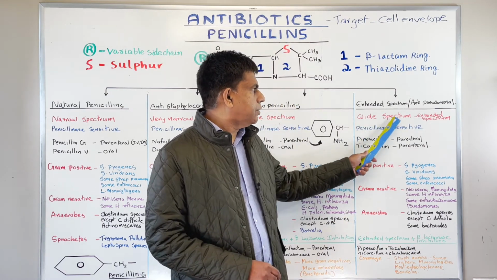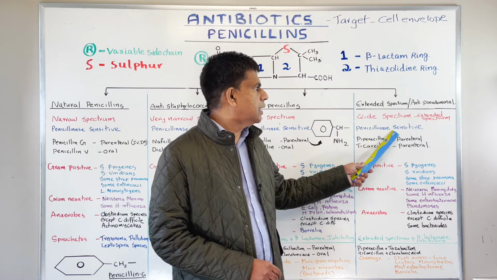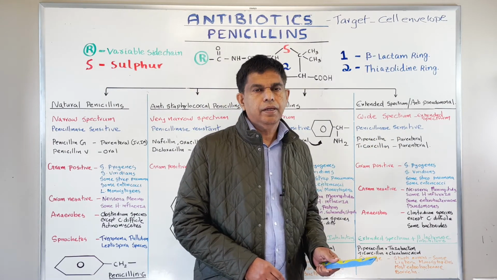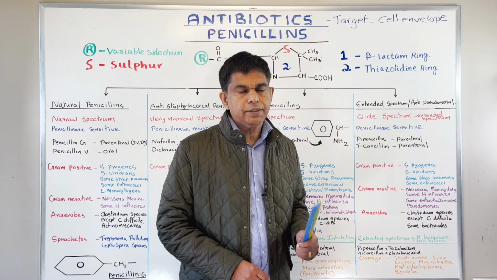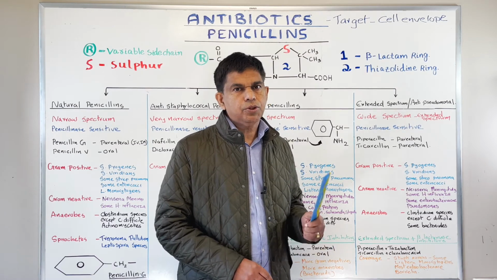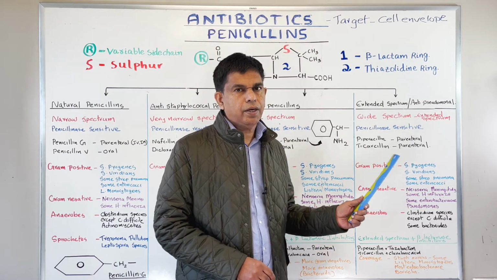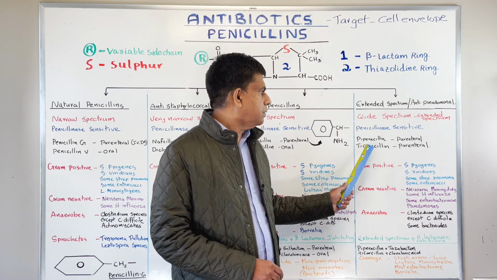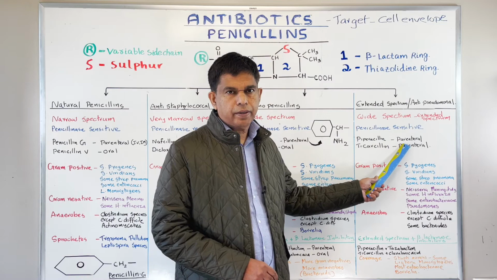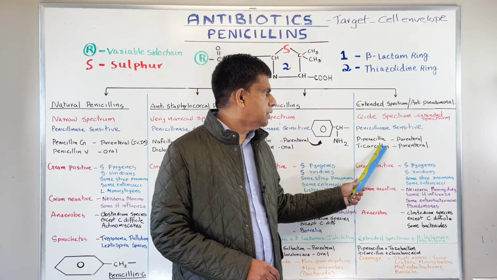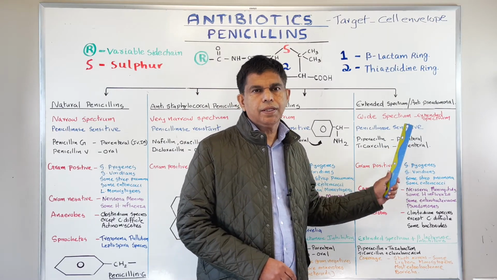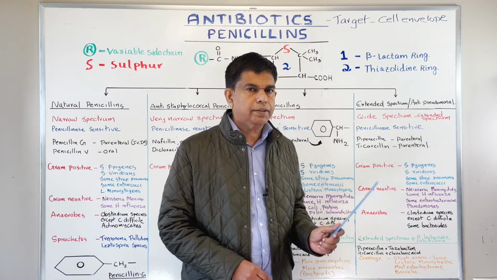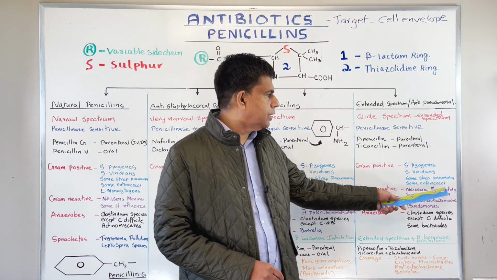Now, again, we talk about the wide spectrum; they're penicillinase sensitive, right? Penicillinase is the enzyme bacteria produce against the beta-lactam ring. Now, piperacillin you can give parenterally, and ticarcillin you can also give; both are given IV or IM, okay? Nothing oral here. Now let's look at the coverage.